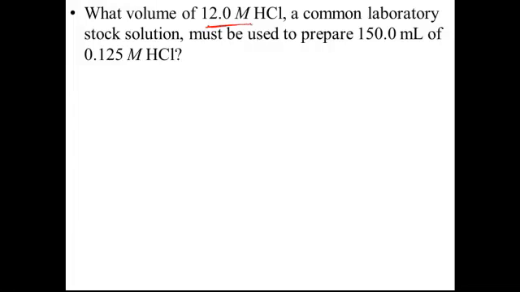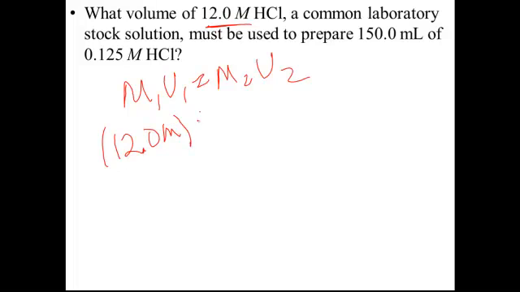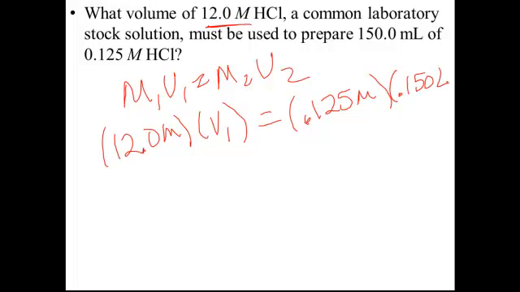So M1V1 equals M2V2. Our initial concentration is 12 molar. How much of that do we need is our V1. Our final concentration, we want it to be 0.125 molar, and we want 150 milliliters of it, so we want 0.150 liters.